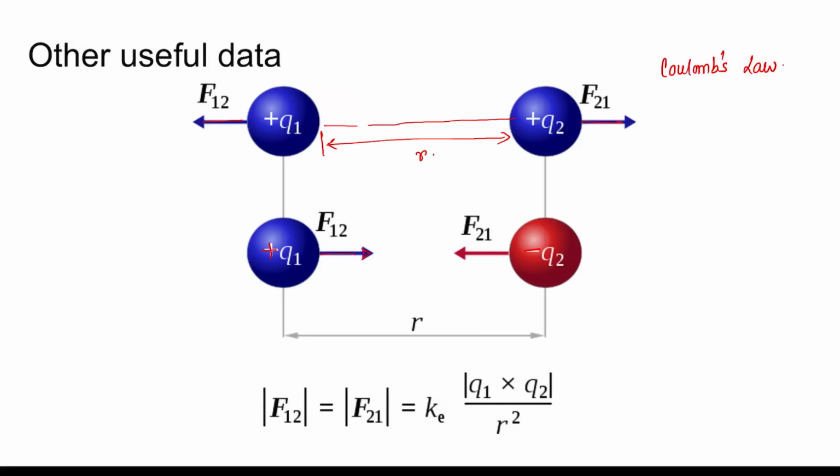The magnitude of this force is k q1 q2 by r square, where k is Coulomb's constant, which is equal to 1 by 4 pi epsilon naught.